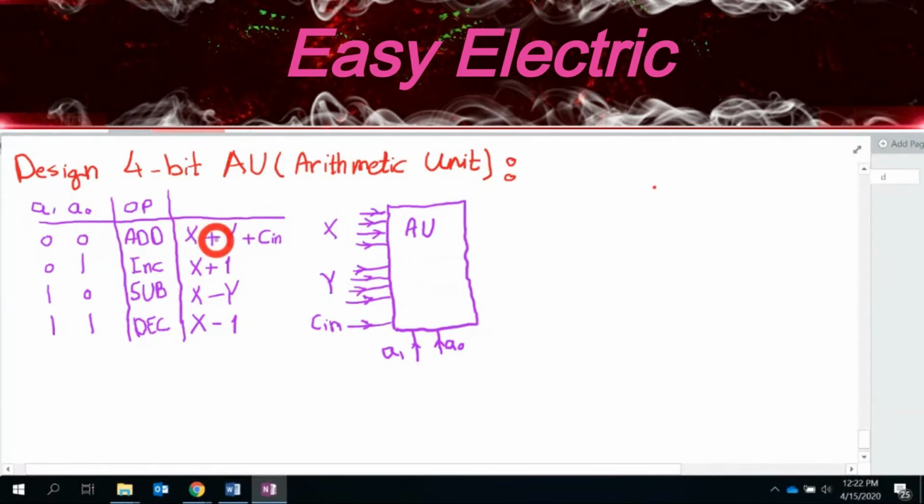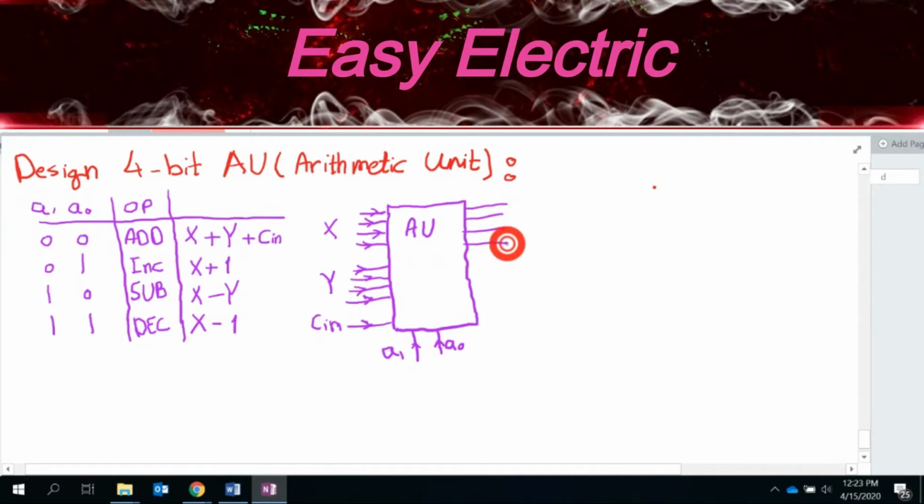First, it should be able to add these two numbers plus C in. This is 4-bit, this is 4-bit, and you could have one carry here. If you add two 4-bit numbers, what should the answer be? Is it 4-bit all the time, or is it possible you get 5 bits? Yes, definitely 5.